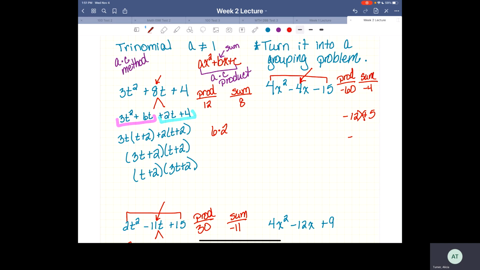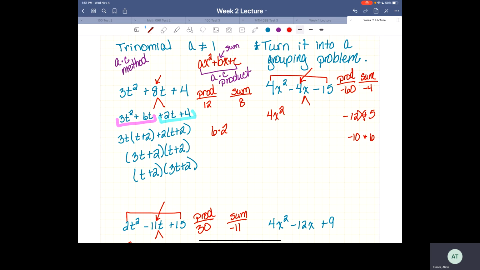I could do negative 10 and positive 4. Negative 10 times, I'm not sure where I got 4 from. How about negative 10 and 6? Negative 10 times 6 gives me negative 60. Negative 10 plus 6 gives me negative 4. That works. So here are my numbers.